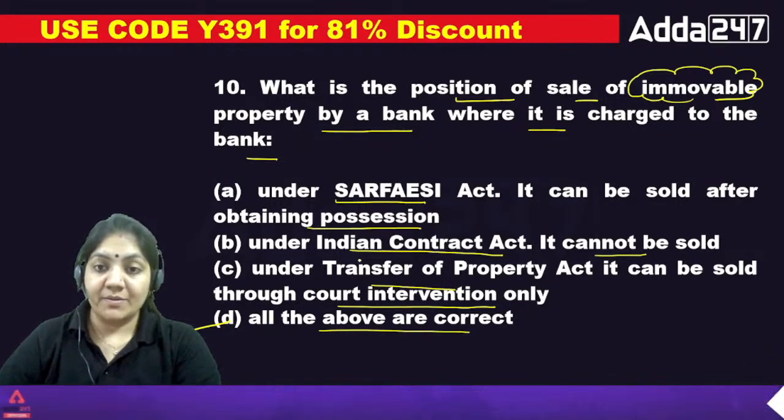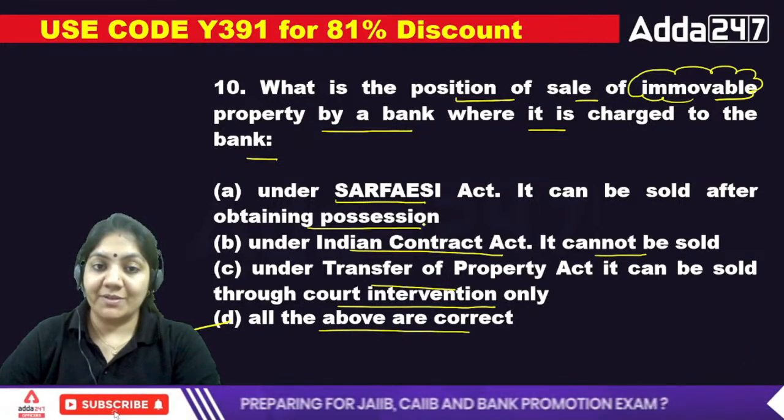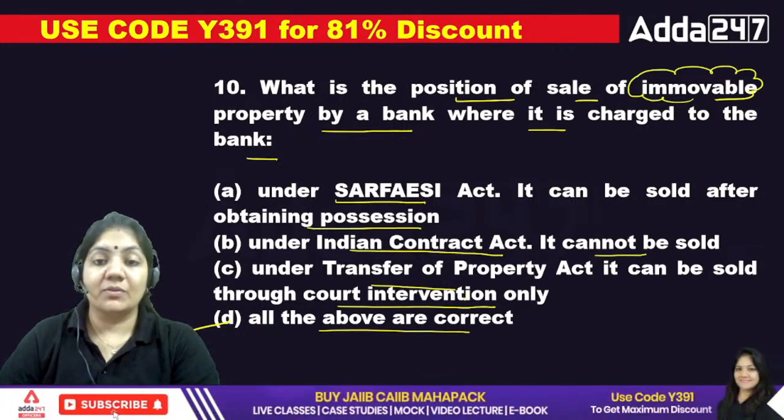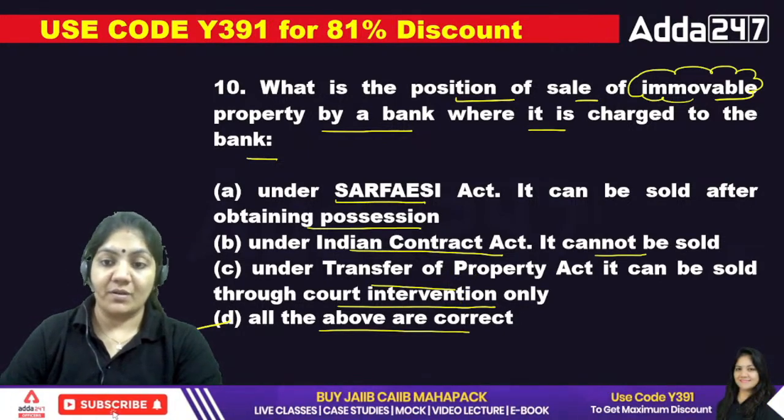Because under the SARFAESI Act, it can be sold after obtaining possession; under the Indian Contract Act, it cannot be sold; under the TP Act, it can be sold only through court intervention, and all of the above is the correct one.